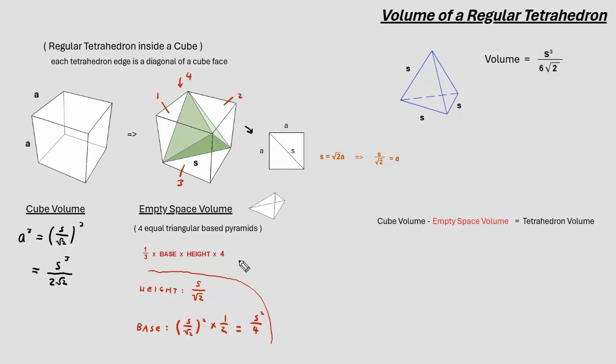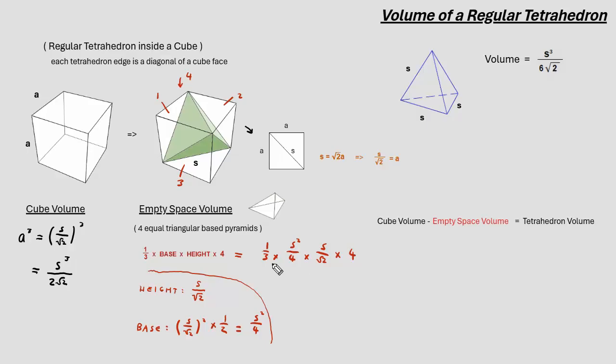So now we can proceed to work out the volume of empty space. So we have our third, our base area, S squared over 4, our height S over root 2, and this is all multiplied by 4.